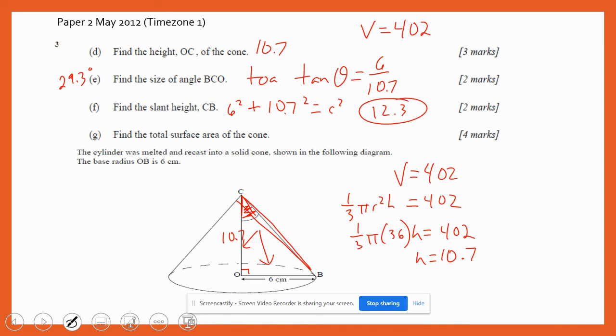So the bottom of the cone is pi r squared, and the side of the cone is pi r l. So r is 6, so we have 36 pi plus 6 pi, and we just found l, which was 12.3. So you'd be adding those together.